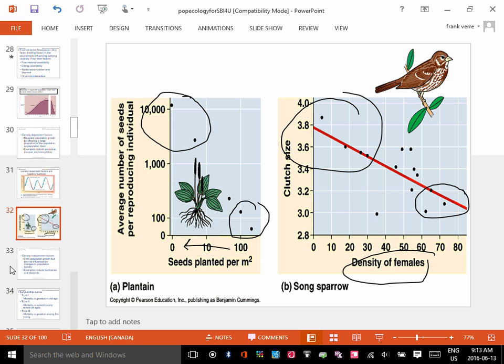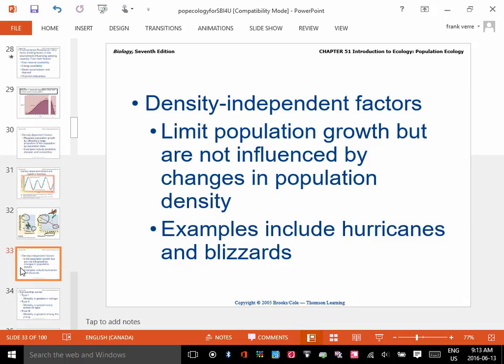A density-independent factor would be something where the density of the population does not have any impact on the factor itself. In other words, if you think about a hurricane, is the likelihood of a hurricane more or less depending on the size of the population? Or does the size of the population have anything to do with whether or not a hurricane is going to hit?